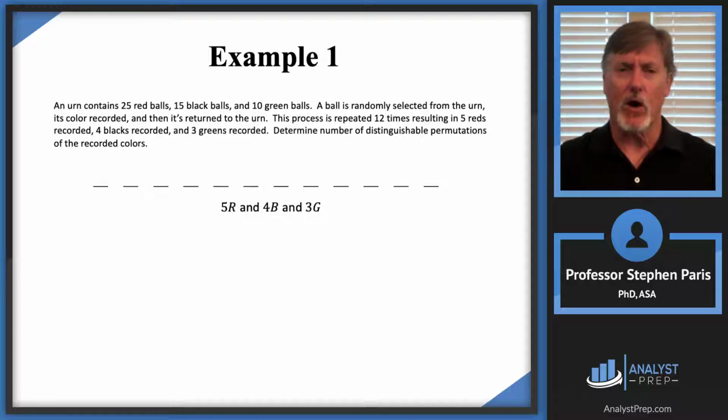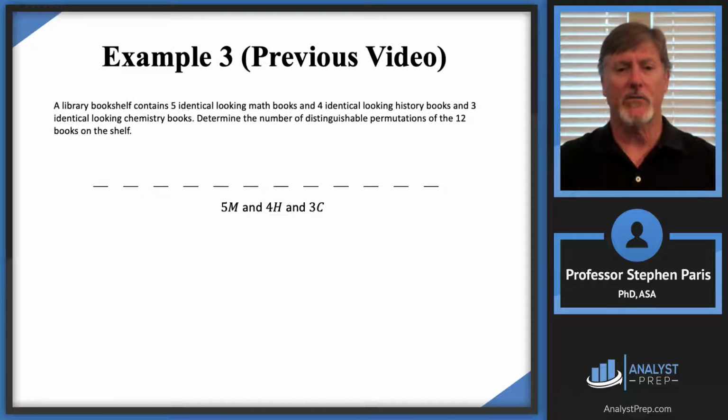Now, we've actually already done this. So again, I know that there's 5 reds, 4 blacks, and 3 greens selected. We want to look at the number of different ways that could have been selected, the number of distinguishable arrangements of those colors in those slots. And we did this in a previous video, in a little bit different context. We had books on a bookshelf.